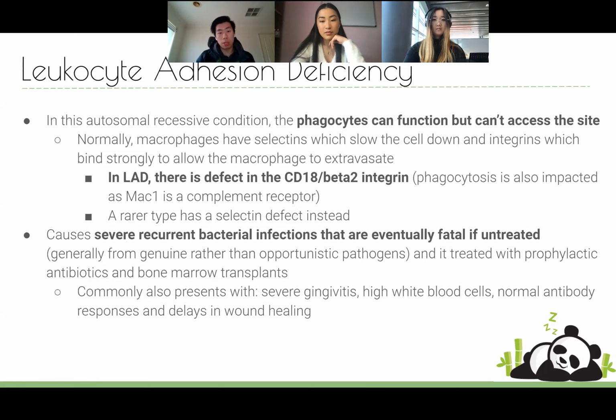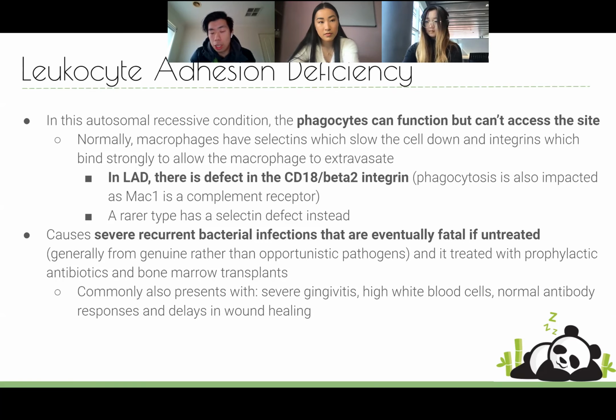This, on the other hand, leukocyte adhesion deficiency, isn't a problem of phagocytes working, but rather they can't get to where they need to be. So normally, hopefully you guys remember from first year, selectins and integrins will aid in the ability for leukocytes to migrate and extravasate into the site that they need through inflammatory processes.